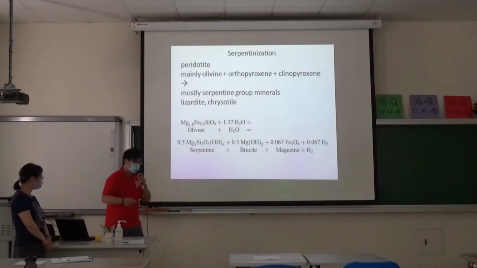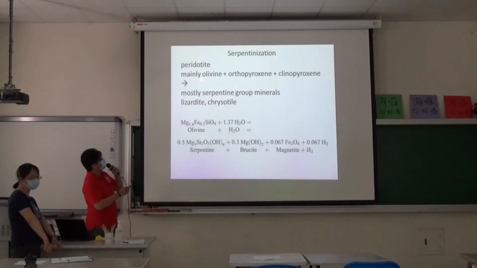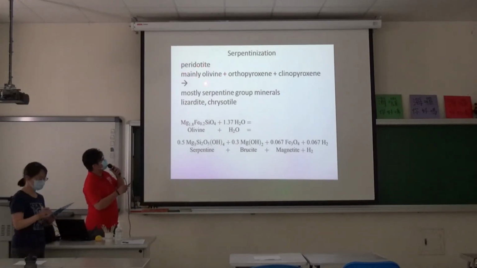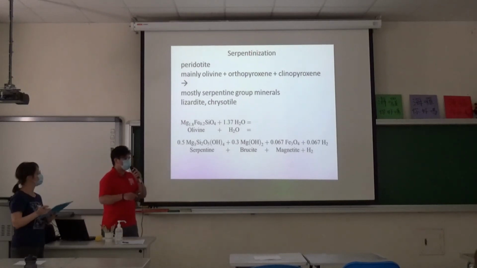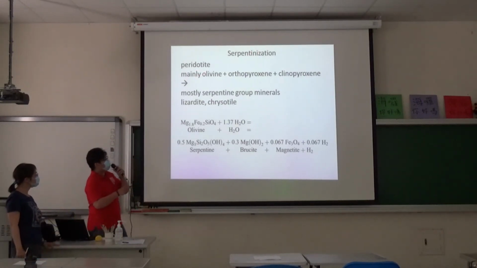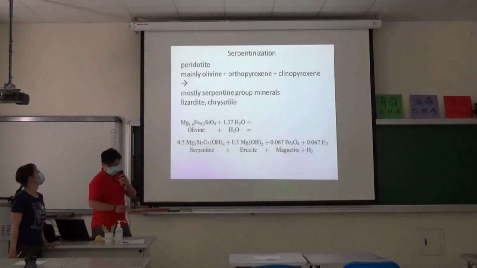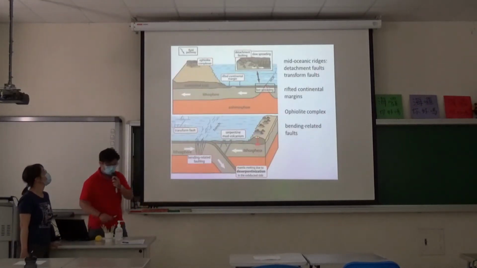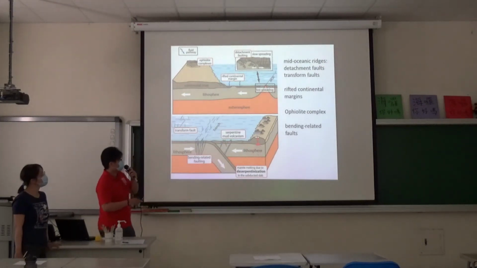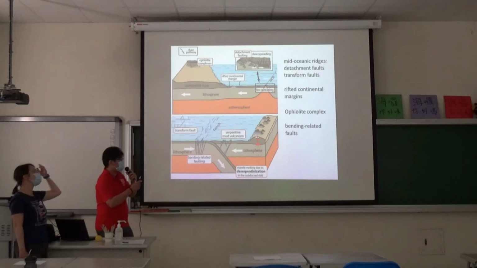My understanding is that the material of this peridotite before the serpentinization, in theory, will only appear in the upper mantle, so it will not contact with maybe the water, maybe atmosphere. And in the question where we can find serpentinization, I mentioned some positions, some geological structures.